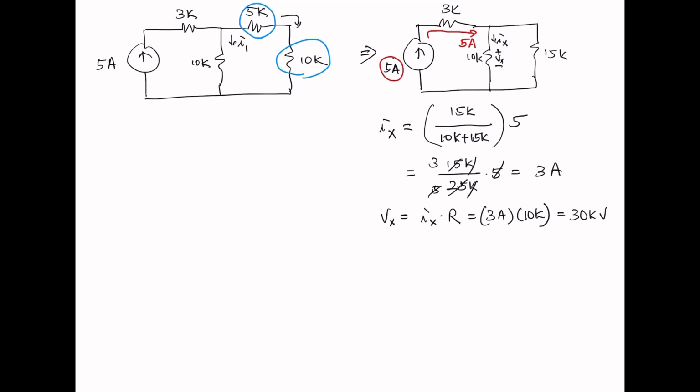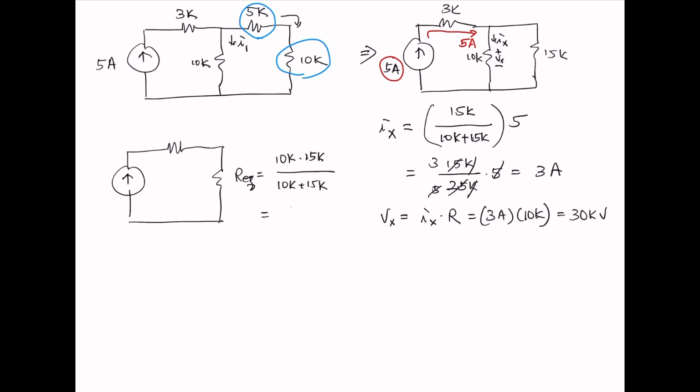Now let's verify this by combining this 10K and 15K ohm resistor. R equivalent is, since they are parallel, multiply those two parallel resistors in the numerator and then add those two resistors at the denominator. That is 150K times K over 25K.